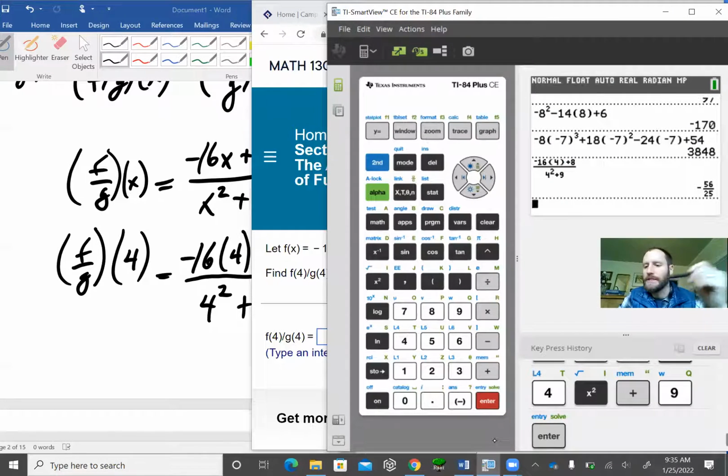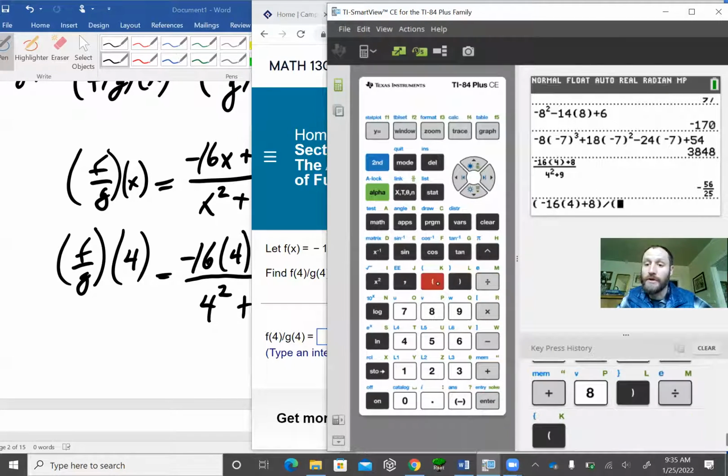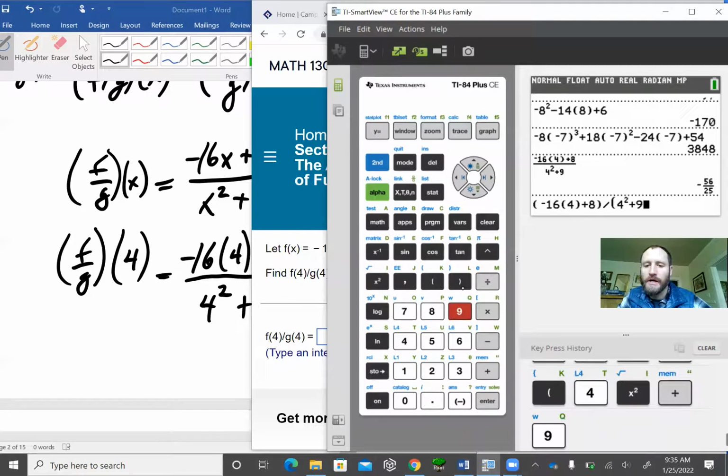Now, if you have a TI-83 or the older model TI-84, yours will not do that nice fraction line. So you have to use parentheses around the numerator. Those outer parentheses tell it that's the numerator, divided by, now parentheses around the denominator, 4 squared plus 9.